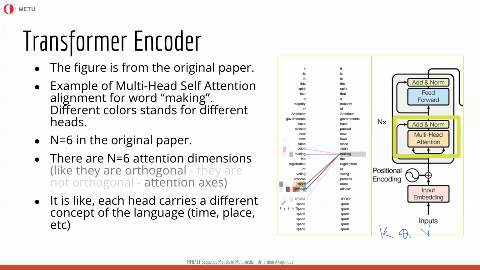So this is self-attention 1, this is self-attention 2, self-attention 3. So in this self-attention dimension, making is related to making. In this self-attention dimension, the word making is related to 2009. So maybe this dimension of self-attention models the context of time in the sentence. Maybe another models the context of space.